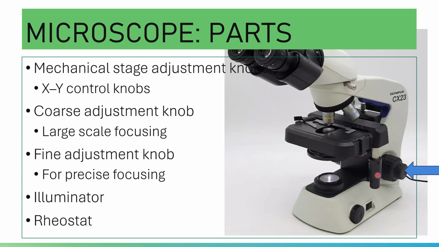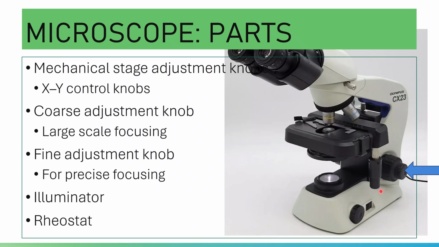The top knob, or the Y knob, is for forward and backward movement. And then the other one, the bottom knob, is for left and right movement.